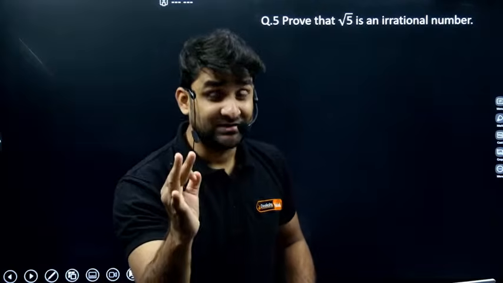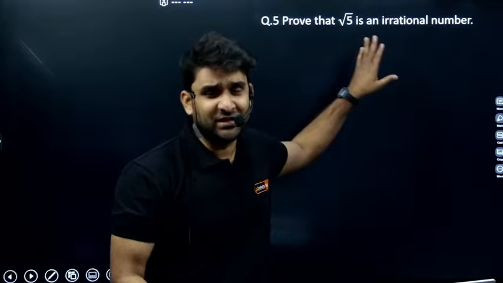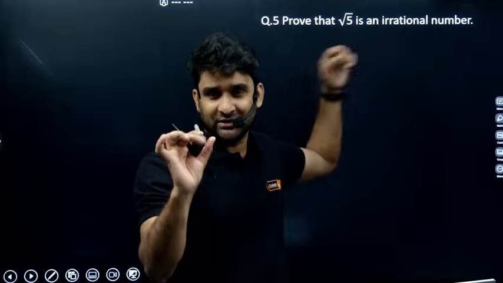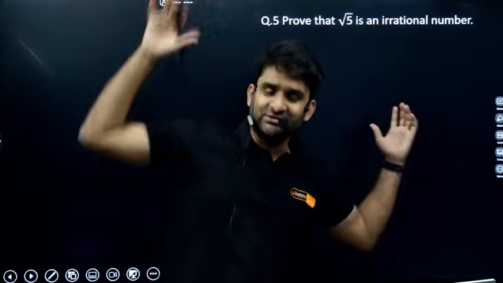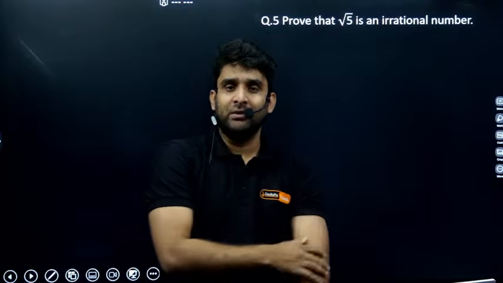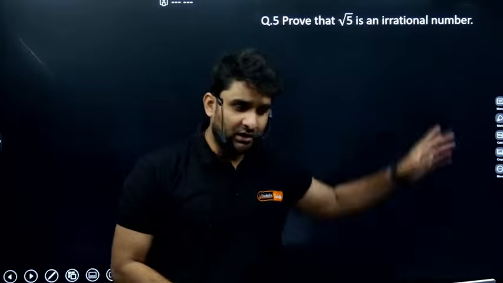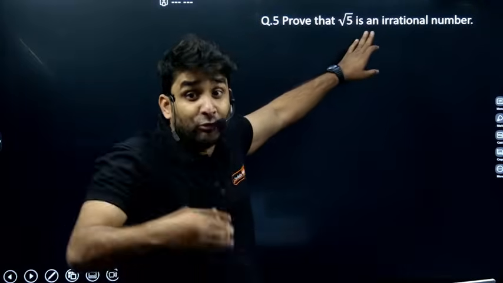But we have to prove it here. The point is how to prove it mathematically, because it's all about marks. When you find the decimal value of root 5, 2.23 and so on, it is a non-terminating, non-repeating decimal. It never ends. So how to prove it?